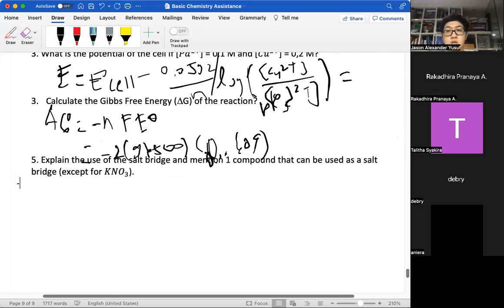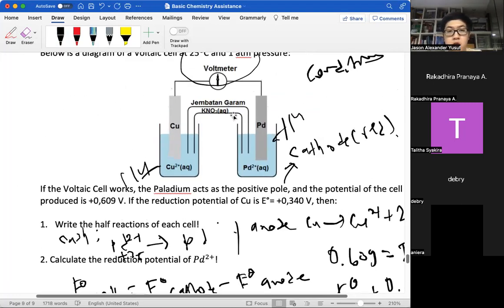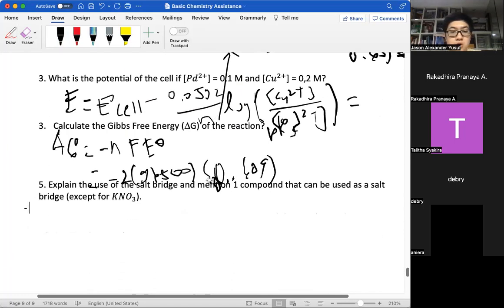And finally, this is the use of the salt bridge. Even though it's just sitting there, the salt bridge has a special function: to prevent charge build-up. As the reaction progresses, the amount of ions will build up.